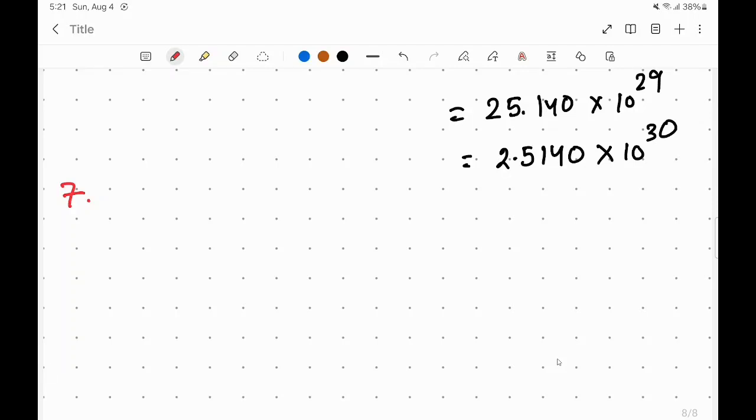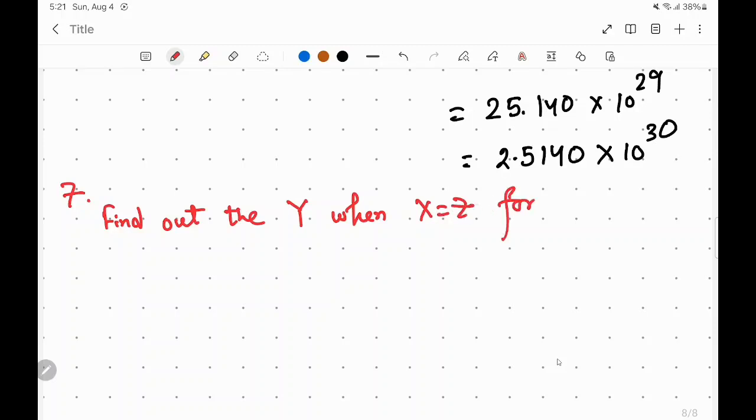This is easy. Wait. Find out the y when x equals z for a three-dimensional box like this. I'm writing the question, then I will explain it. How is the box?